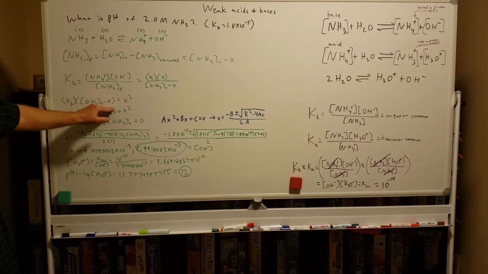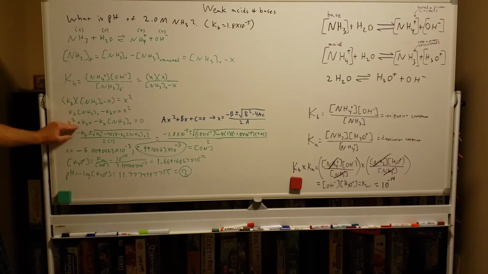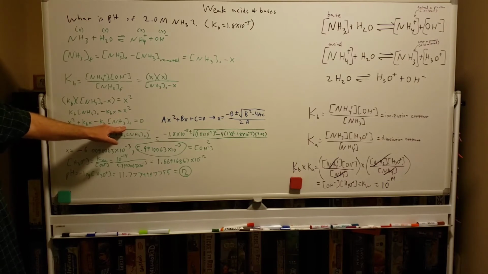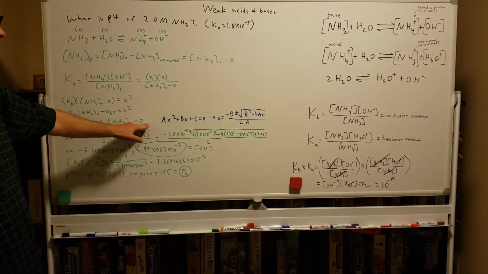All I did was distribute through my ionization constant. Rearranging the equation, I have X squared plus the ionization constant multiplied by X minus the ionization constant multiplied by my initial concentration of ammonia is equal to 0.